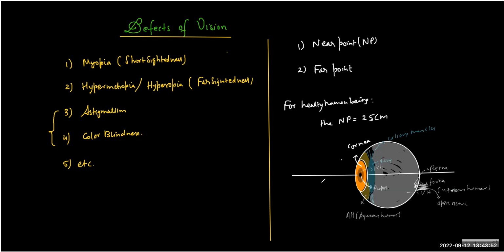So the medium is vitreous humor. So we have the lens, the aqueous humor, and the vitreous humor. And of course, don't take this diagram too seriously. This is just from my side.